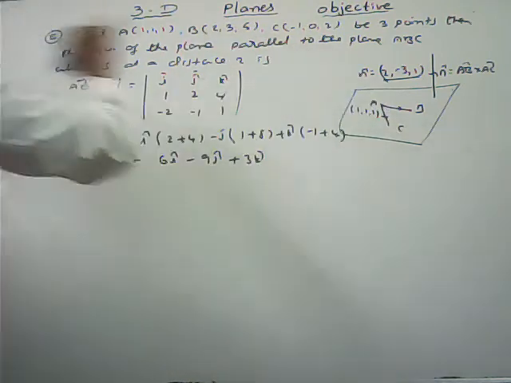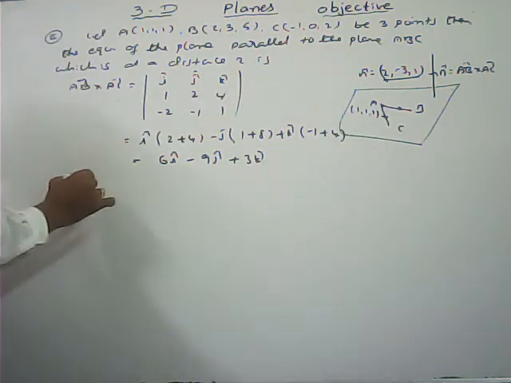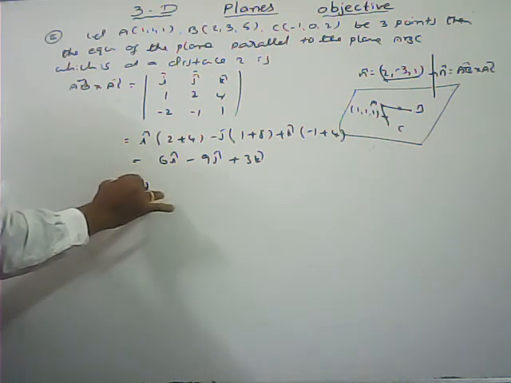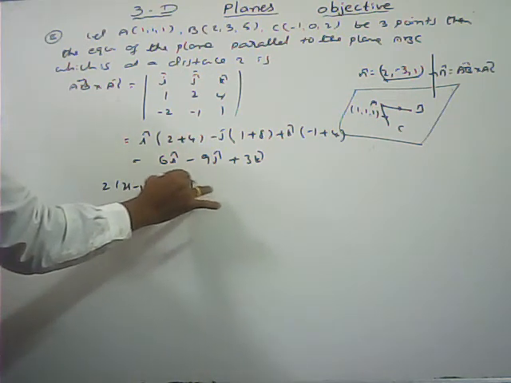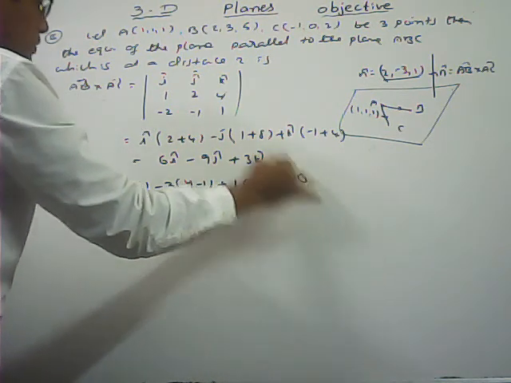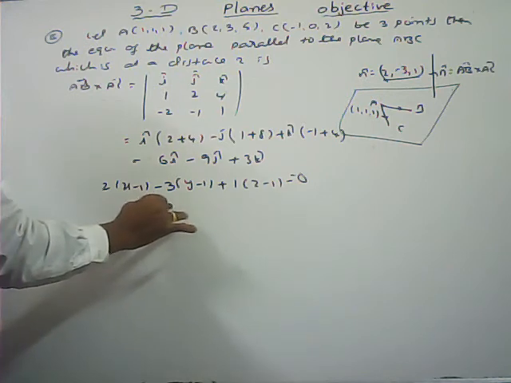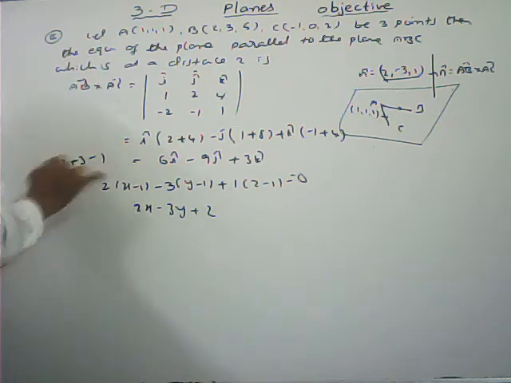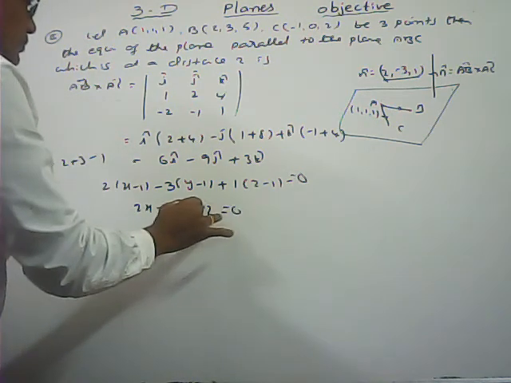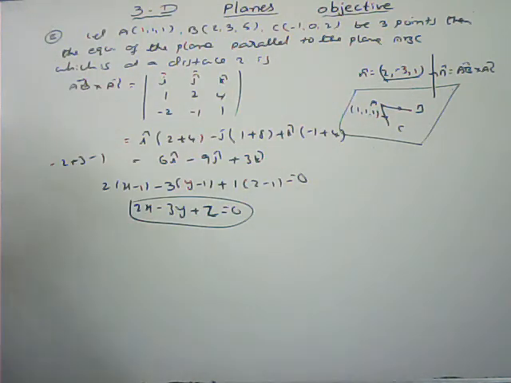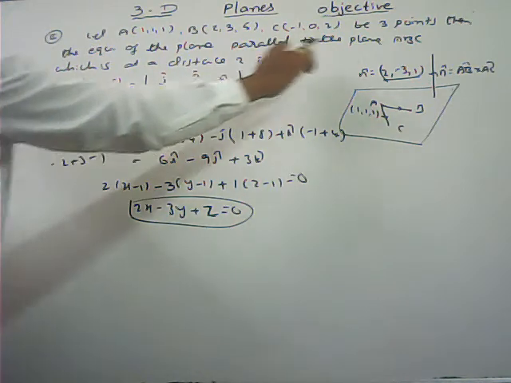So the equation of the plane is a into x minus x1 plus b into y minus y1 plus c into z minus z1, that is equal to 0. 2x minus 3y plus z minus 2 plus 3 minus 1, that is equal to 0. This is the equation of the plane passing through the given 3 points. Here what they are asking is the equation of the plane parallel to the plane ABC.